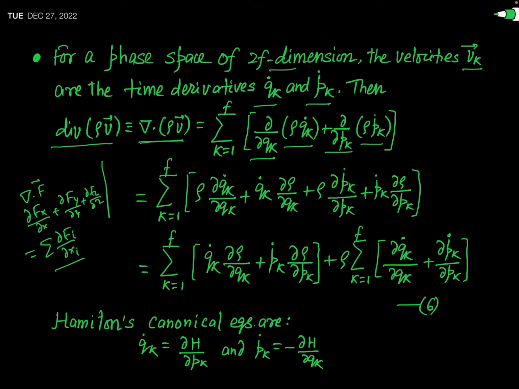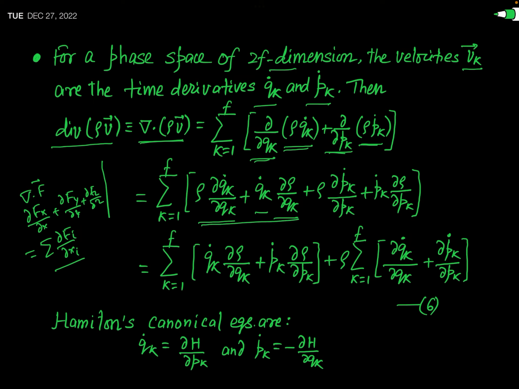Now you can see inside this square bracket we are going to differentiate rho times qk dot and rho times pk dot with respect to qk and pk respectively. So follow the rules of differentiation of product of two functions, and you can see this will be simply equal to summation over k rho del qk dot by del qk plus qk dot del rho by del qk.